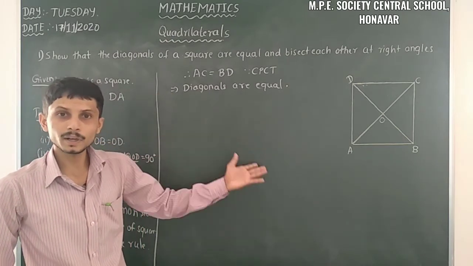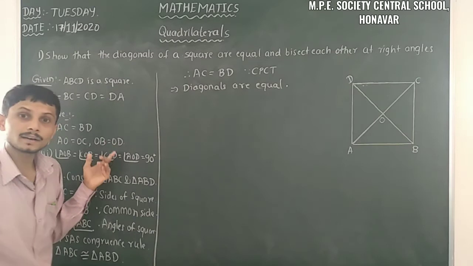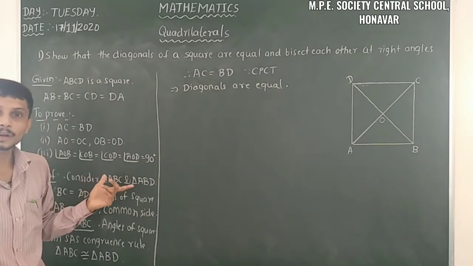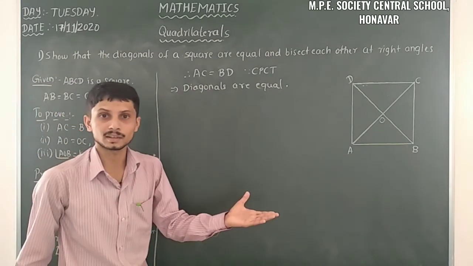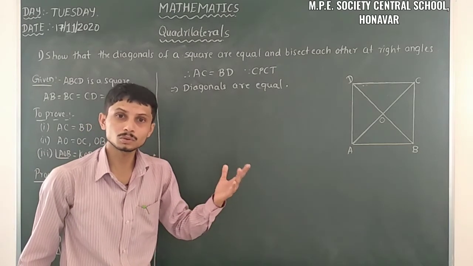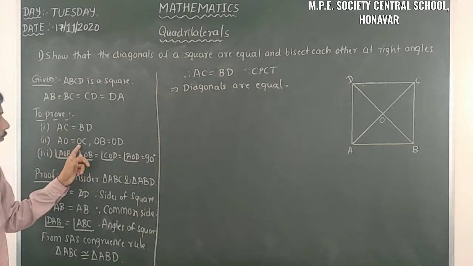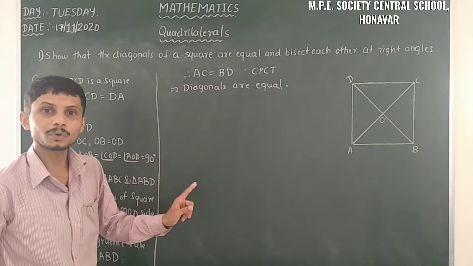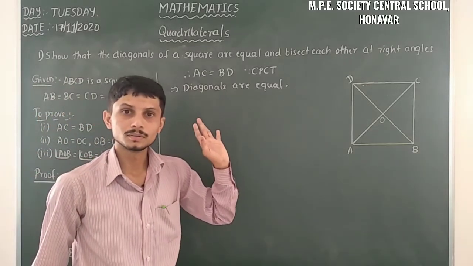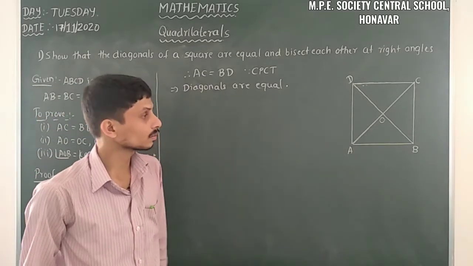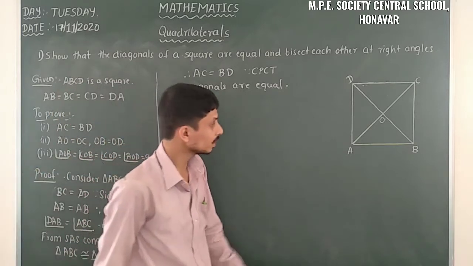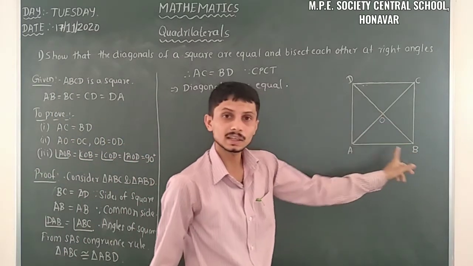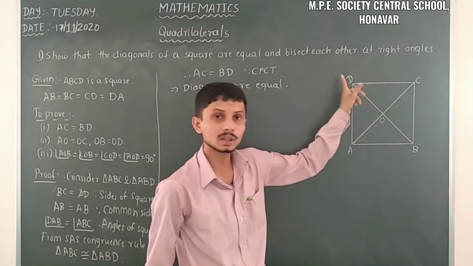Then after that we have to prove the diagonals bisect each other. For that we have to consider other two triangles. AO, OC, OB and OD are the corresponding parts of those two triangles. What are those two triangles? Let us take AOB and COD.